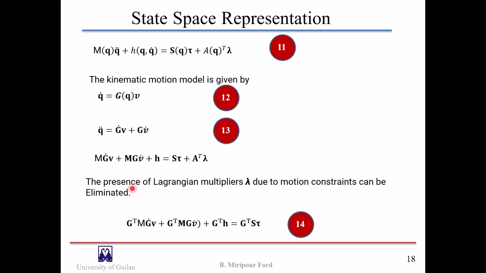The presence of Lagrangian multipliers lambda due to the motion constraints can be eliminated simply by pre-multiplying G transpose. So this term will be eliminated in the equation.